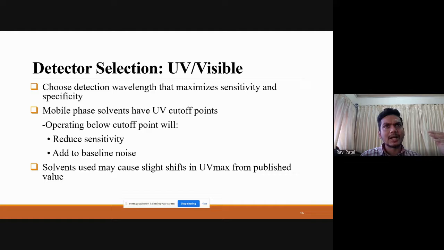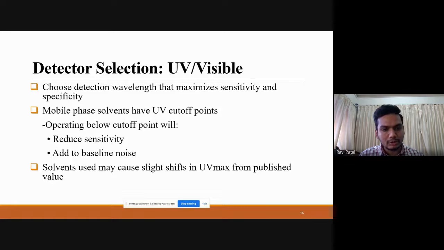Sometimes the baselines are not stable, they go up and down like that. This is because we are using a solvent that has a higher UV cutoff, and this type of observation you see during your method development.